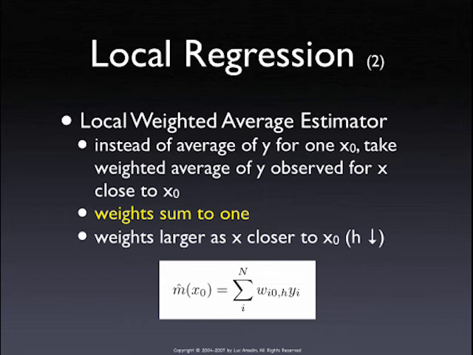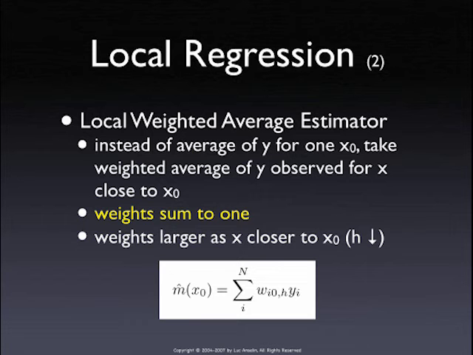So now we have a moving weighted average. For every x point, we can compute the conditional expectation of y as a weighted average of the y's that we see in that bin, where they are weighted depending on how close the x's are to our focus.